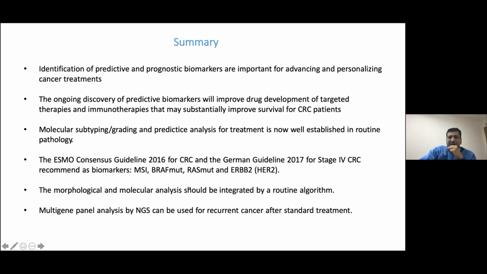The guidelines recommend testing for MSI, BRAF, RAS, and HER2. The morphological and molecular analysis may be integrated in the routine algorithm to direct us to therapies, and NGS wherever possible and feasible can be used for treatment directions. With this, I'll stop here.